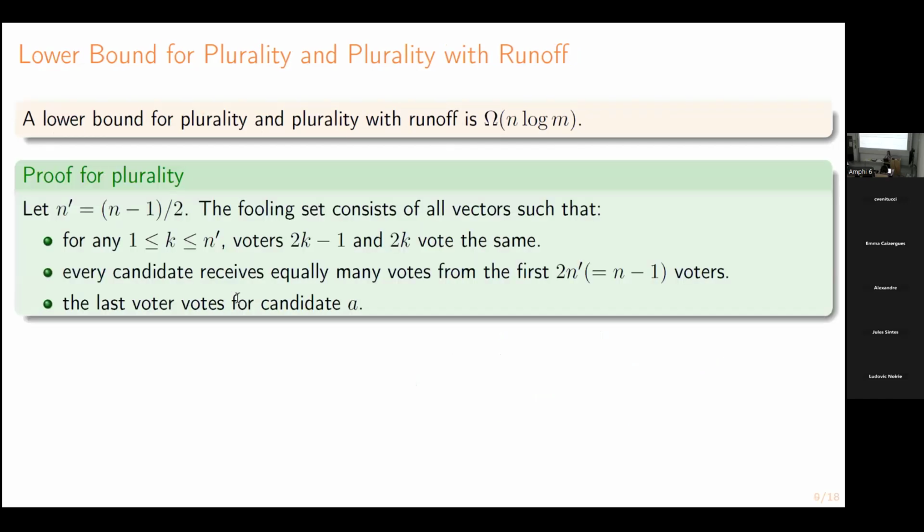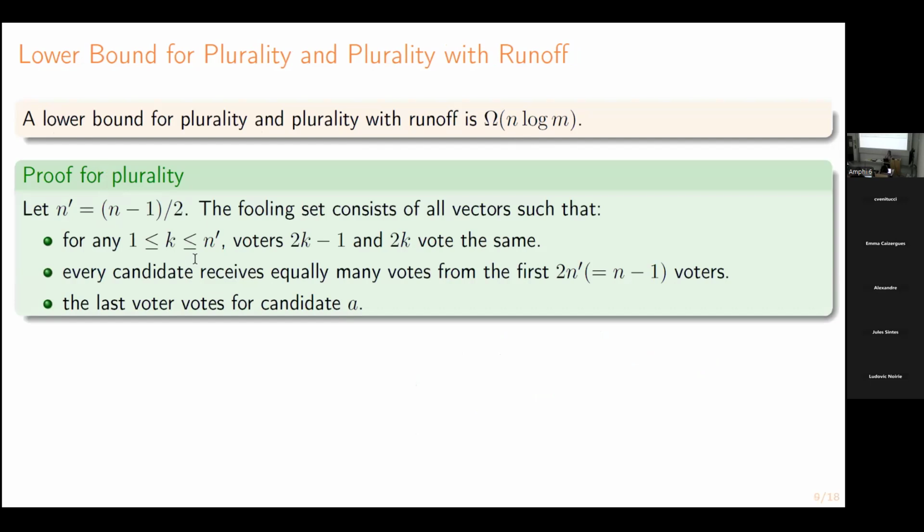Okay, so for the lower bound now. The lower bound is also n log m. To do so, we are going to construct a fooling set. The fooling set is as follows. You take n prime, which is (n minus 1) divided by 2. For every k, voters 2k minus 1 and 2k vote the same.